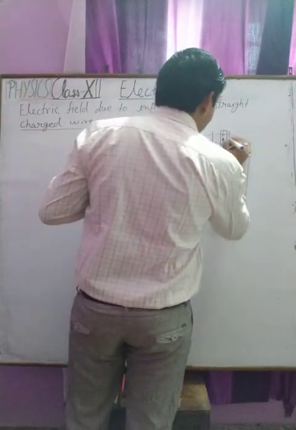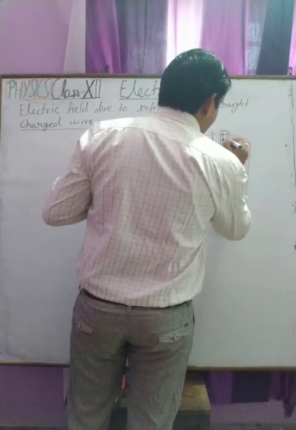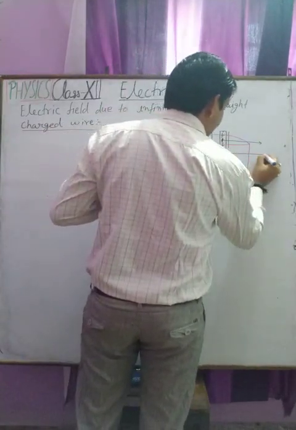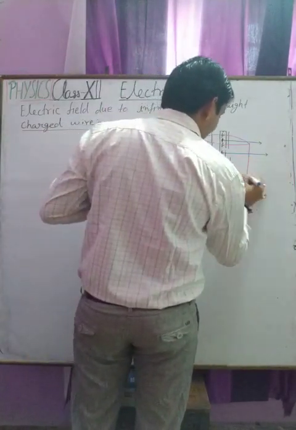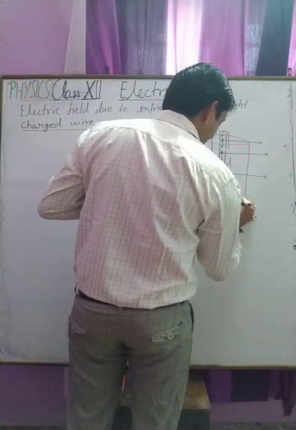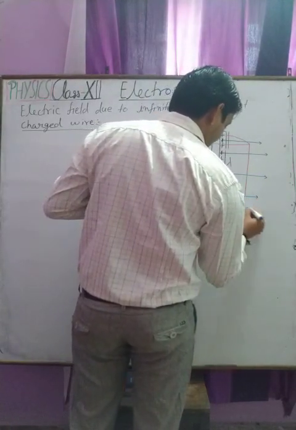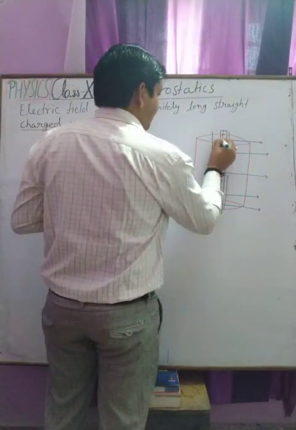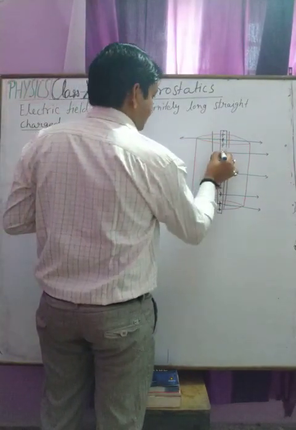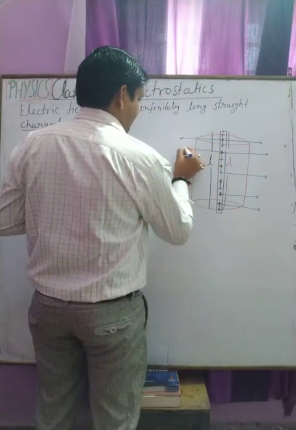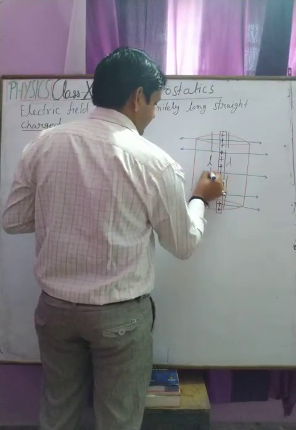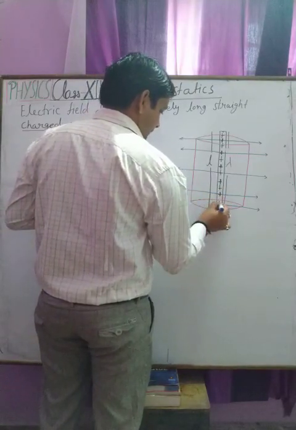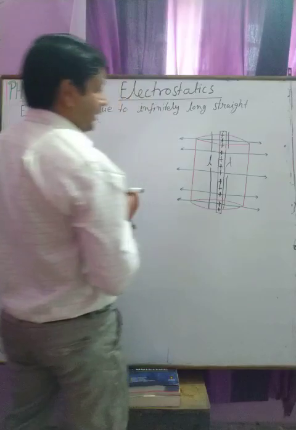Now electric field for this charge, electric field for this charge, and electric field for this charge. Similarly, in this direction. Okay.